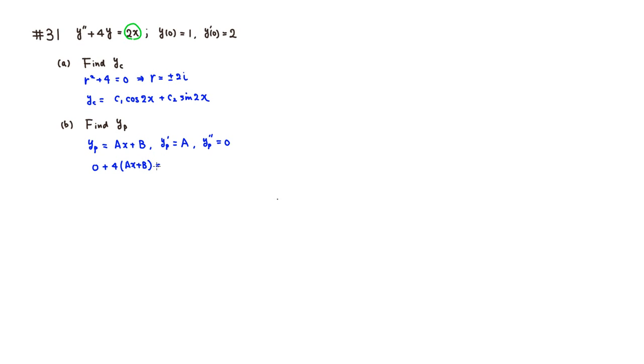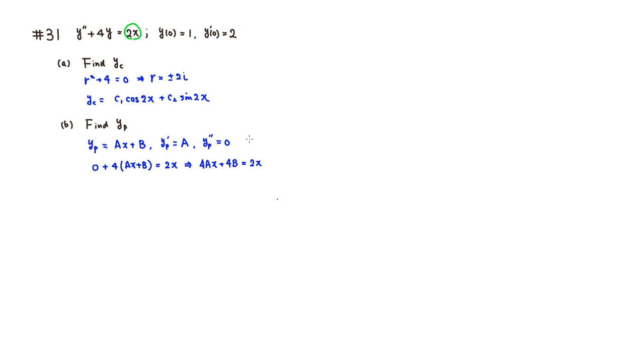Let's simplify that. I'm going to just distribute the 4. So you have 4ax plus 4b, which is equal to 2x.